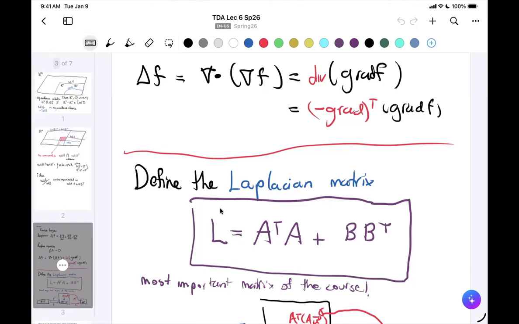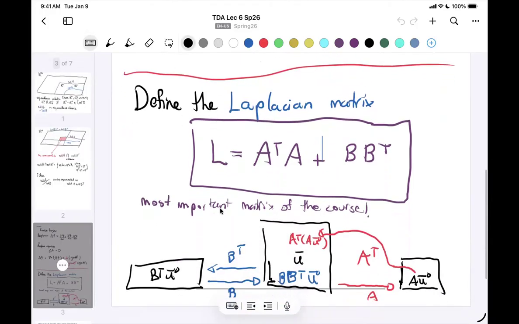The way this matrix is built is A transpose A plus B B transpose. The reason for that particular choice is that if you look at this diagram, doing the operations in this order gives the two ways you can go back to where you started.